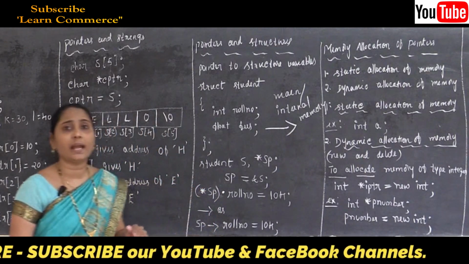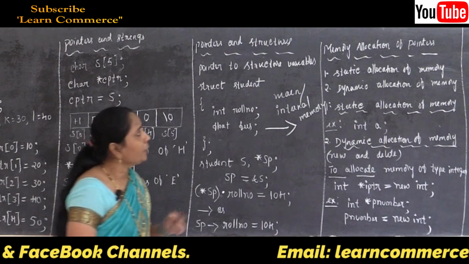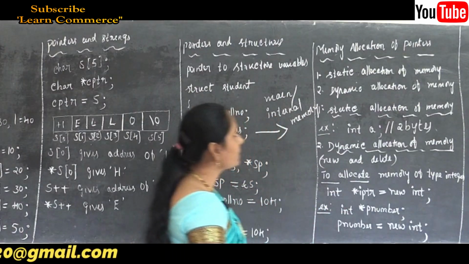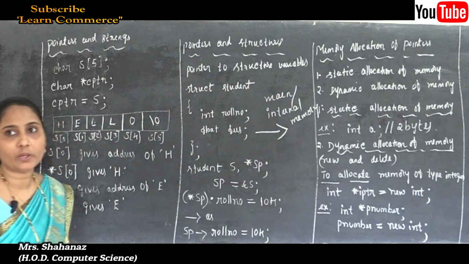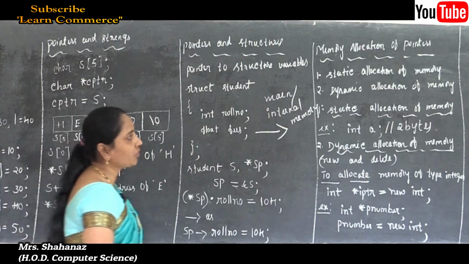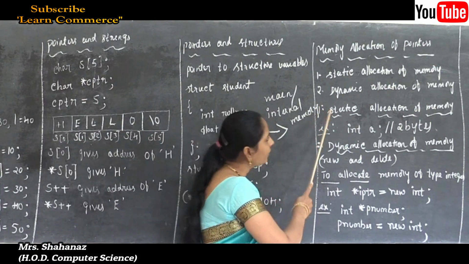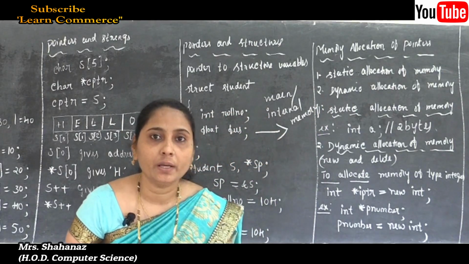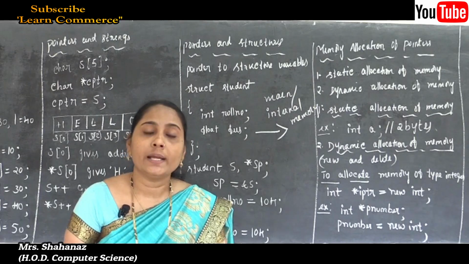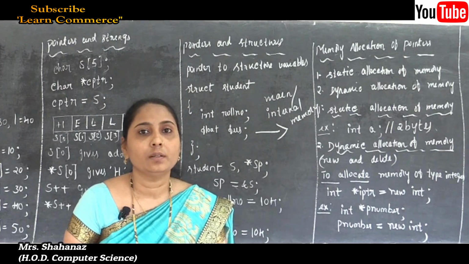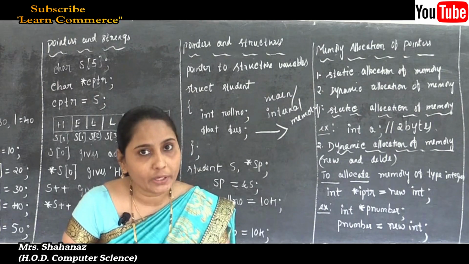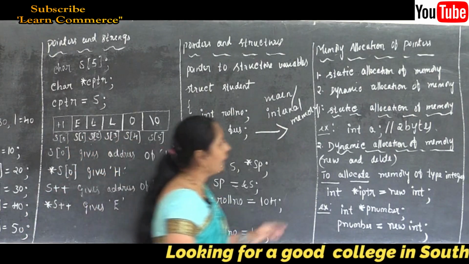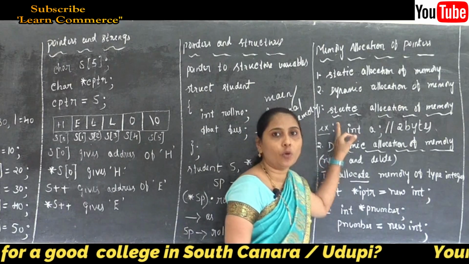So we can say that memory allocation can be done in two ways. The methods are static allocation of memory and dynamic allocation of memory. We know the meaning of static allocation of memory. In static memory allocation, the amount of memory to be allocated for each variable is predicted and pre-known.